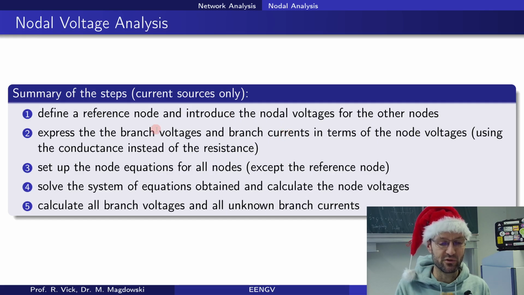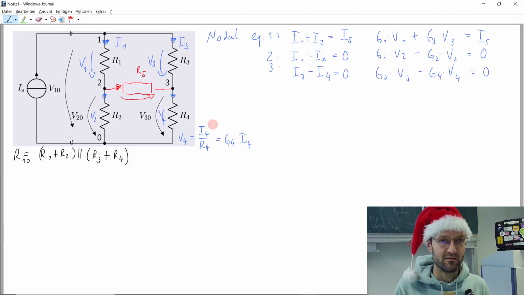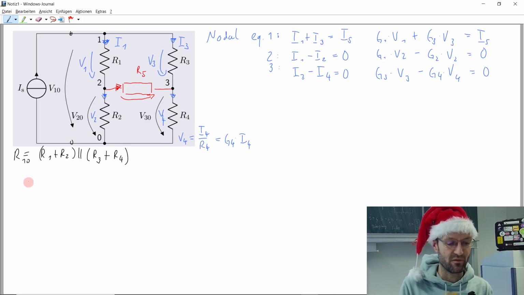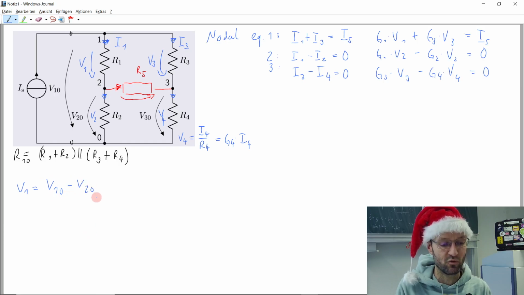We have expressed the branch currents in terms of branch voltages. Now we will express them in terms of these node voltages. Now comes, let's say, the tricky part of this method. So we will say our first voltage, this one here, can be calculated by the difference of this voltage minus this voltage. So the branch voltage V1 can be expressed by the nodal voltage V10 minus V20.